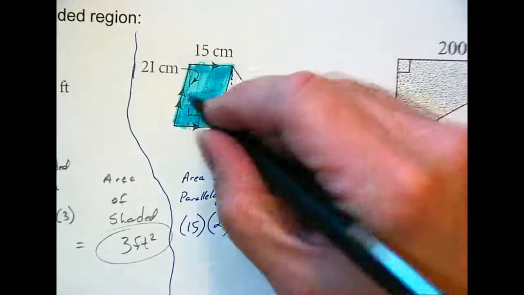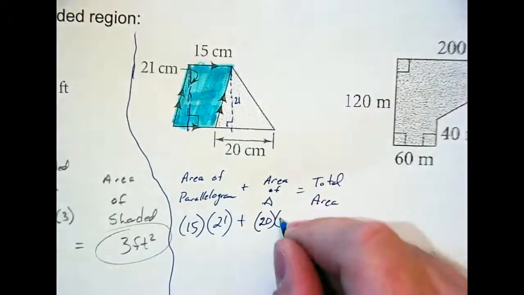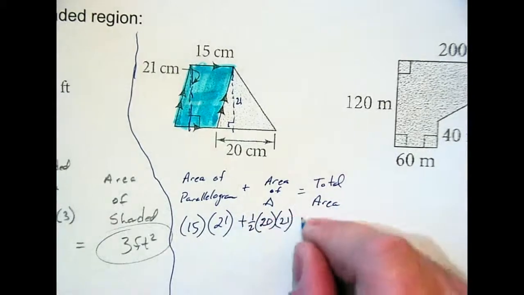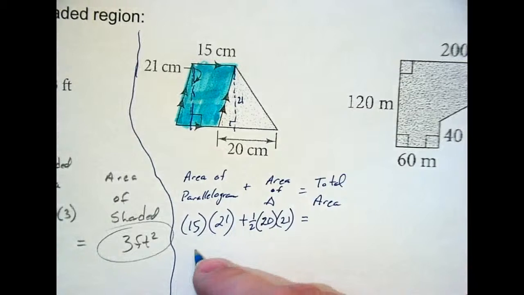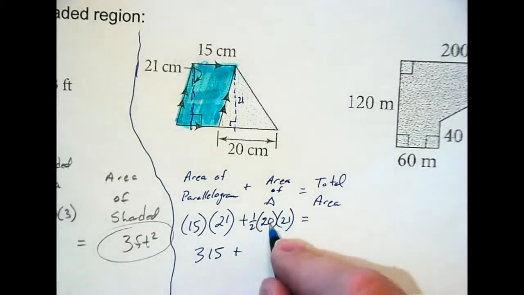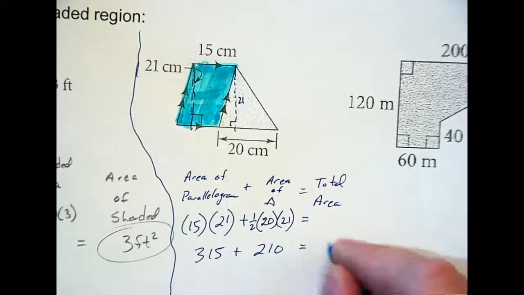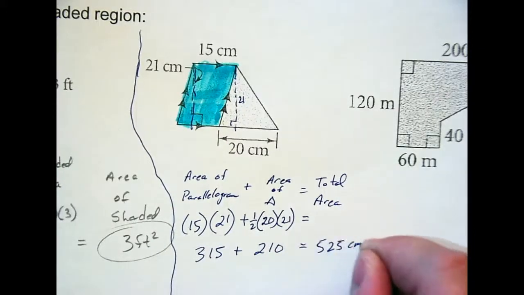So this height right here is also the height of the triangle, 21. And then we have to take 1/2 of that. So half of 20 is 10 times 21 is 210. So grand total of 525.